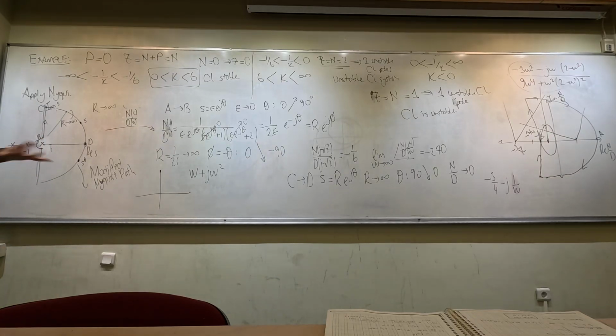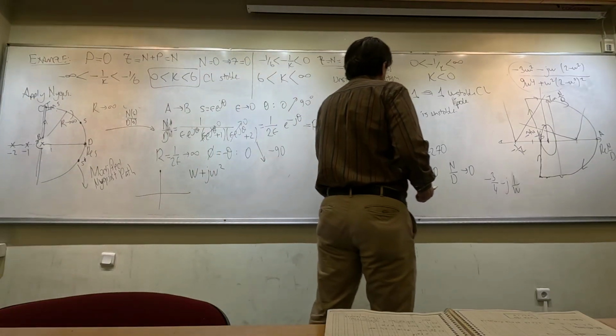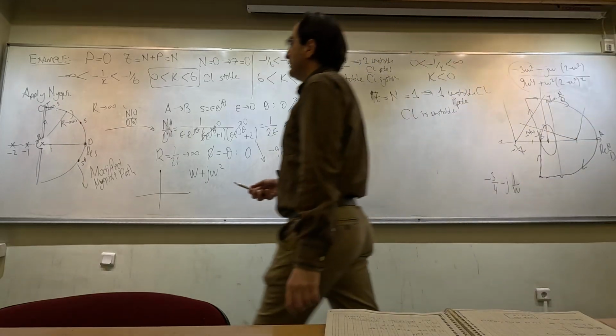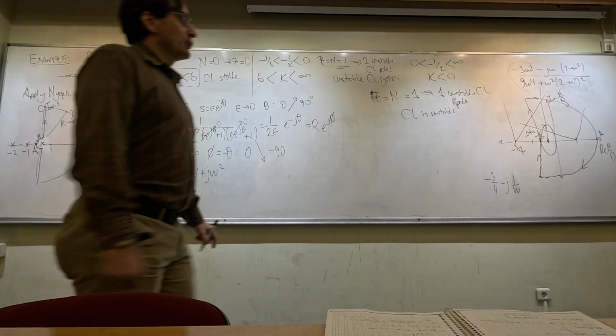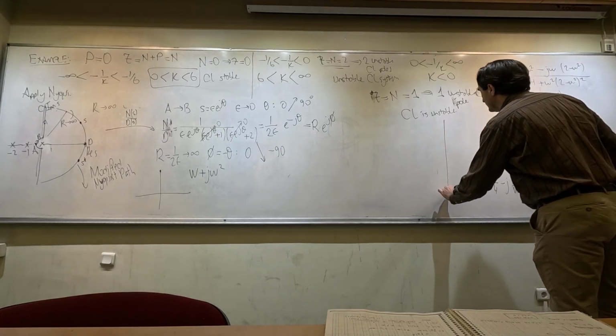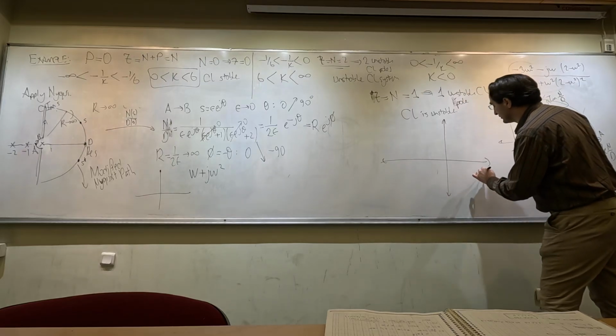So you could have done that, and what would happen in that case? My new A point would come here, and all of the analysis from B to C and from C to D would remain the same. So all parts of the Nyquist plot which are not at infinity would remain the same.